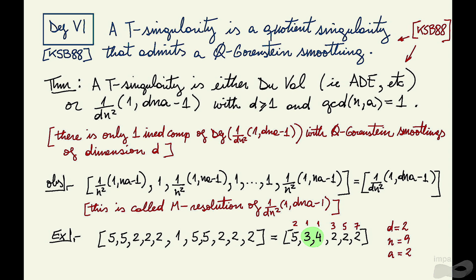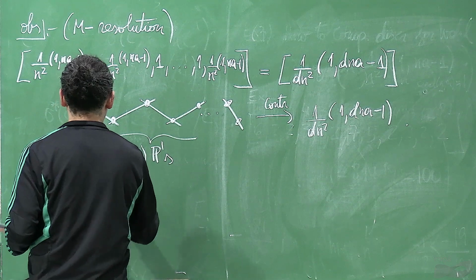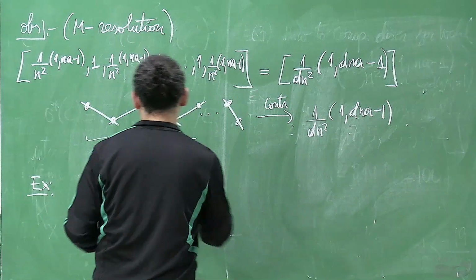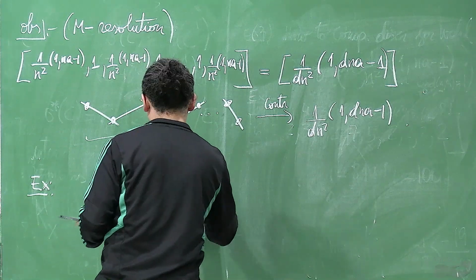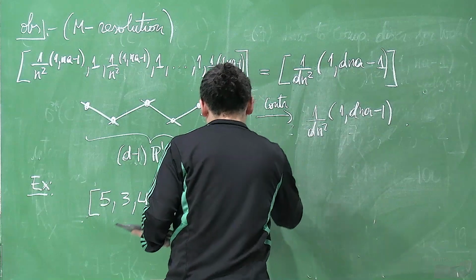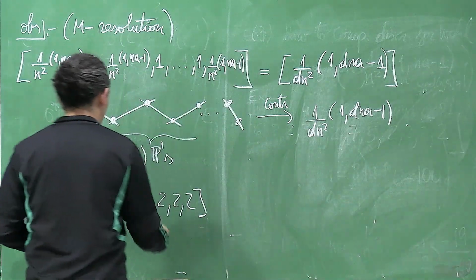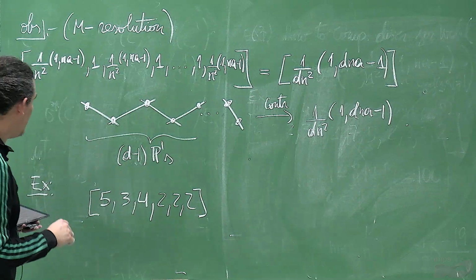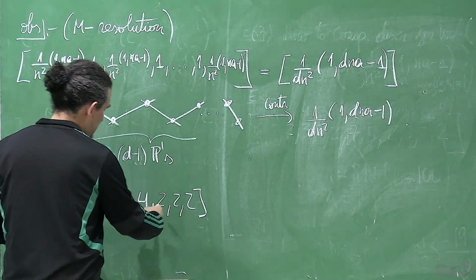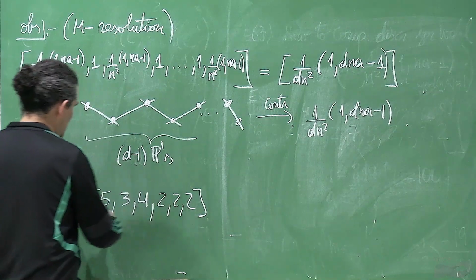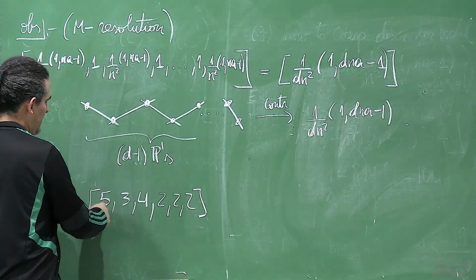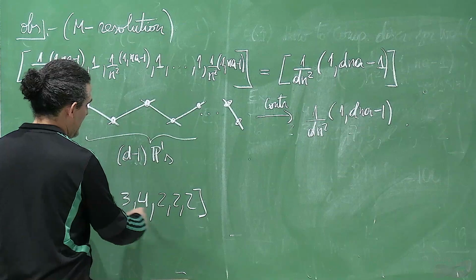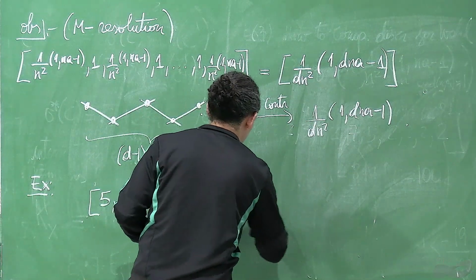And this T singularity looks like this: 5, 3, 4, 2, 2, 2. For T singularities, you have the same algorithm as for Wahl singularities. So let us see how this works. You eliminate these 2's, so to the 5, then you have a 2 here, and then you cancel this 2 with this 4, and you have a 3. So this starts with 3, 3.